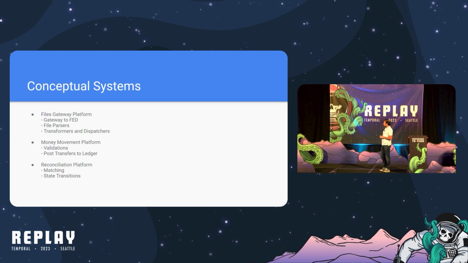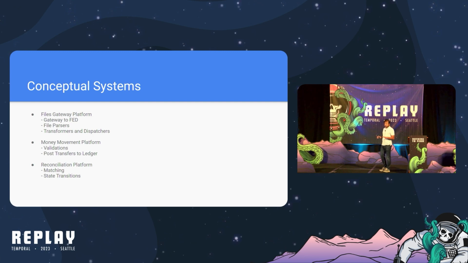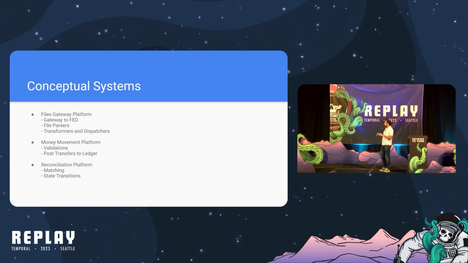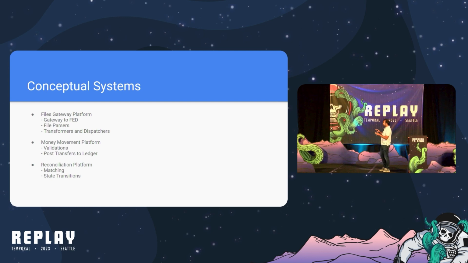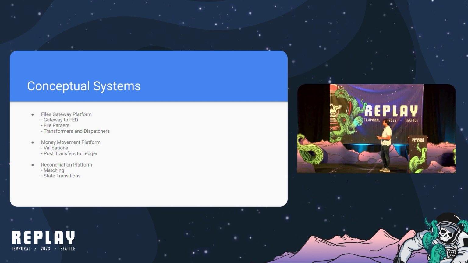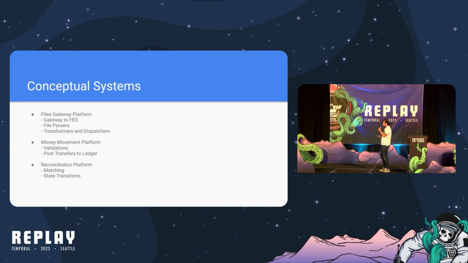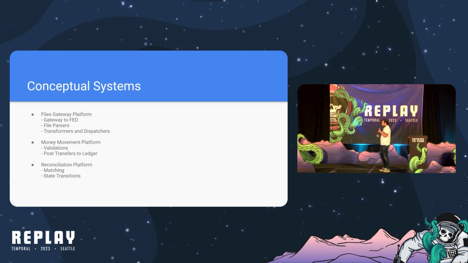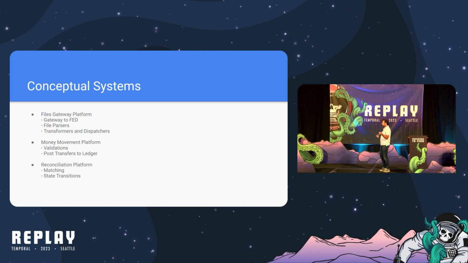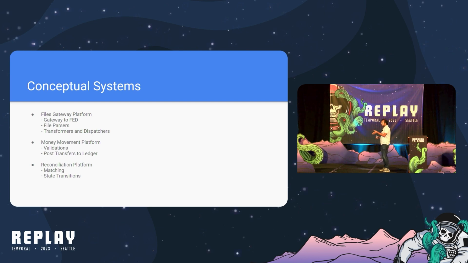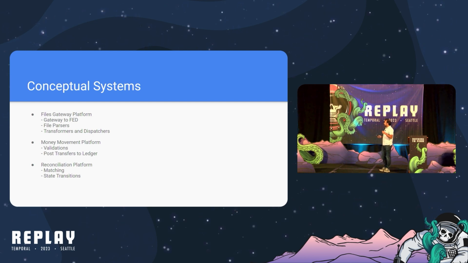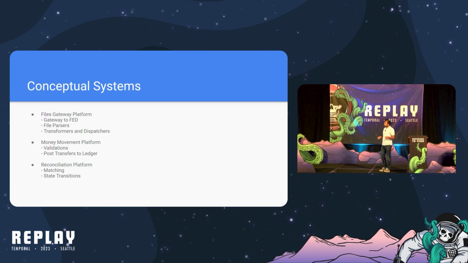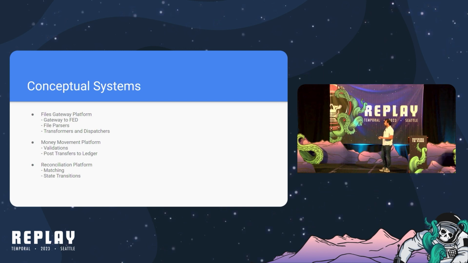Okay, with what we learned so far, we have 3 platforms, because now we are going to go from systems to platforms. We spoke about files that are being sent and received from the Fed. And we spoke about money movement, in the sense that money needs to be applied to the accounts of customers. And the third one is reconciliation, reconciling the payments.